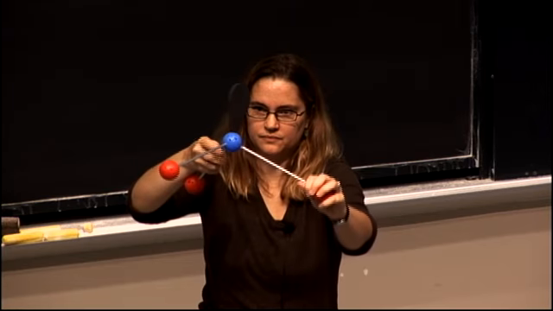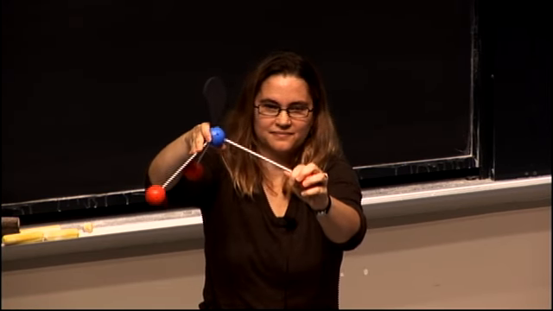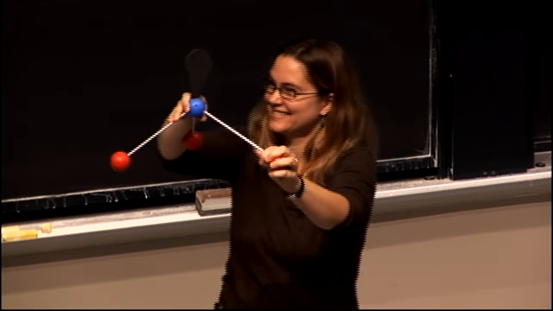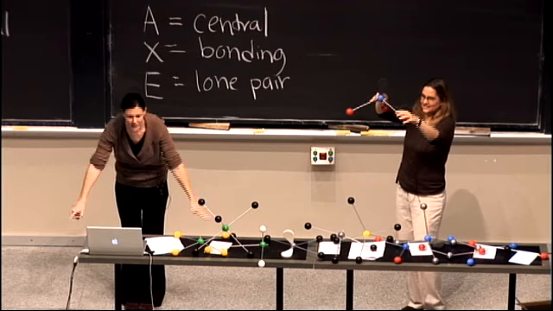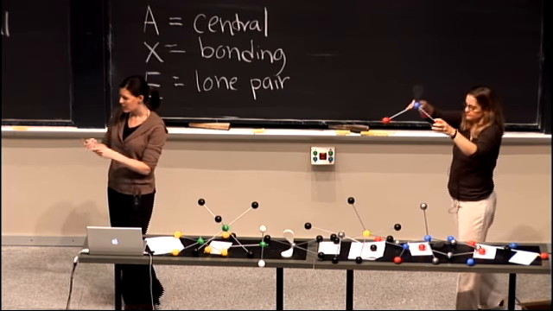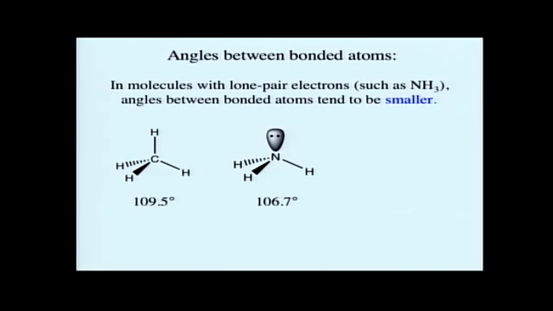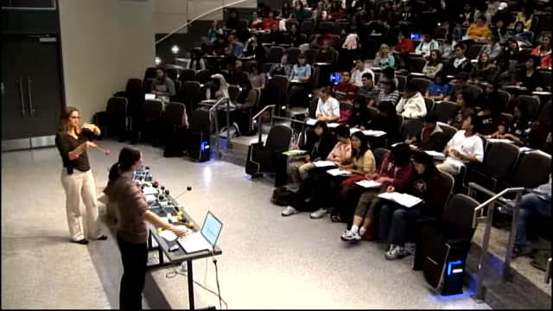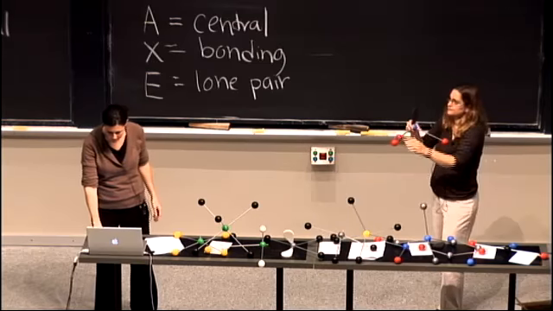You can't see it with these models because these are not actual lone pairs. But if they were actually repelling each other, they would be pushing those bonds as far away as possible. And instead of being 109.5, you'd see that the angle is now 106.7. So it's a smaller angle between bonds because you have more repulsion from those lone pairs pushing those bonds down.